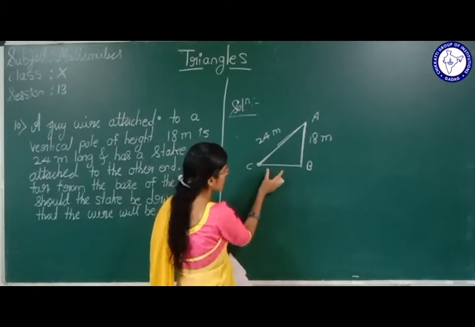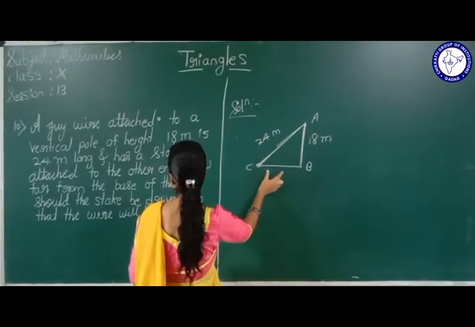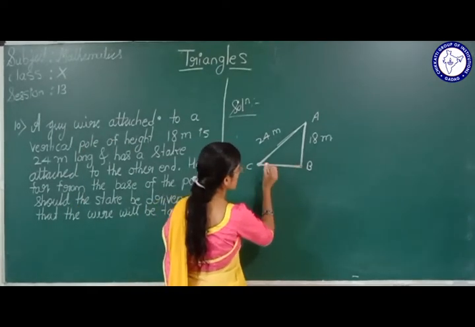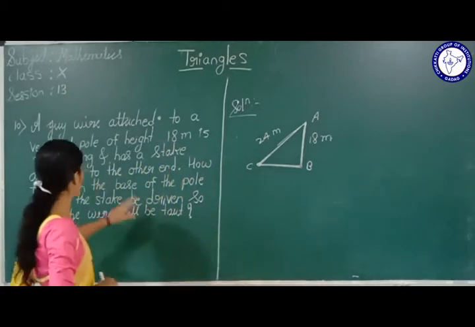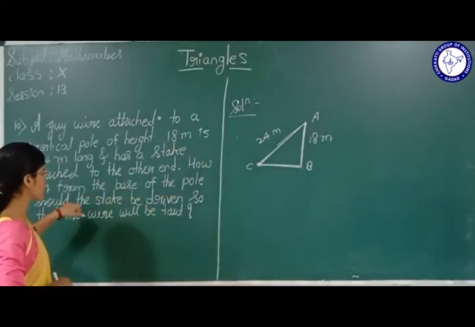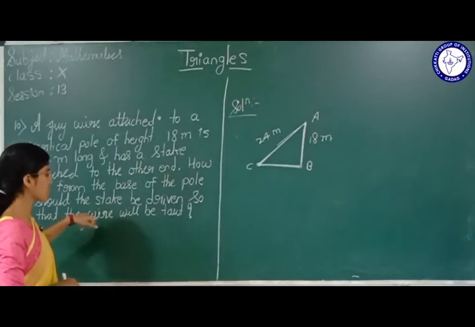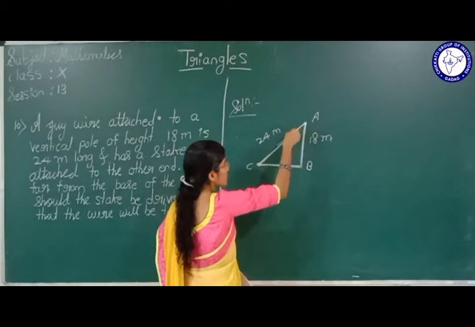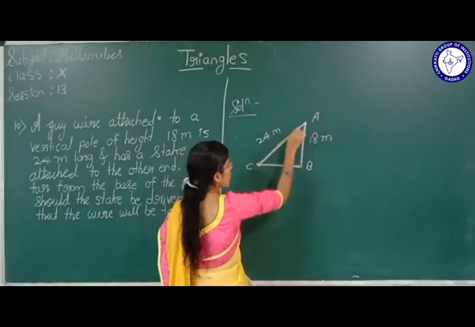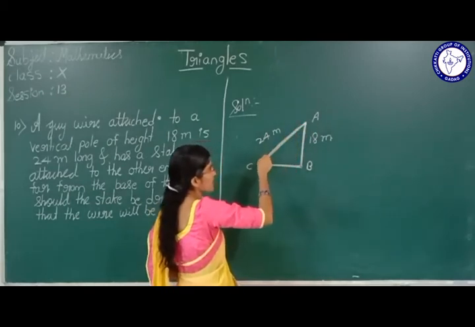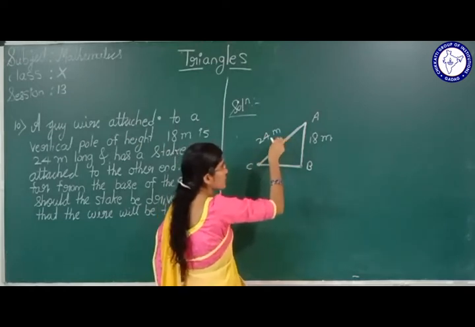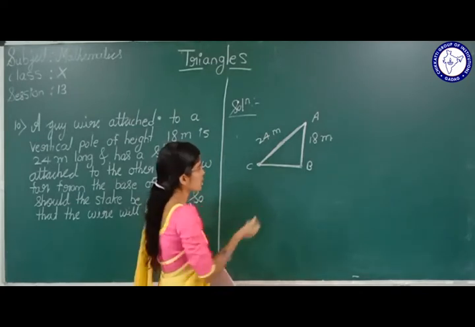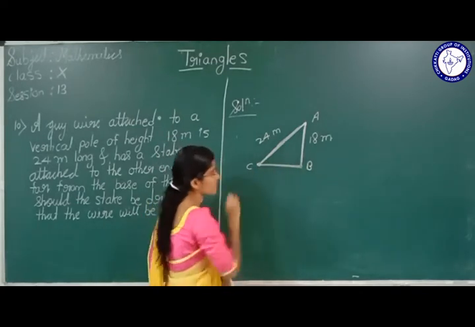Now we have to find out the distance, that is BC. See here, this wire is to be taut. Here AC is a wire, no? If the wire should be taut, it means there should not be any slack in that. Now we have to find out the distance, that is BC.